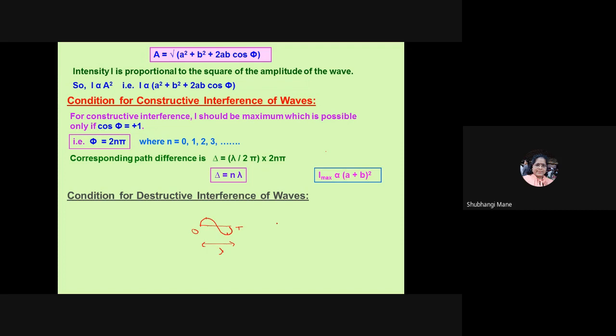That means if one oscillation is completed by a wave, then the corresponding phase difference is 0 here and 2 pi here.